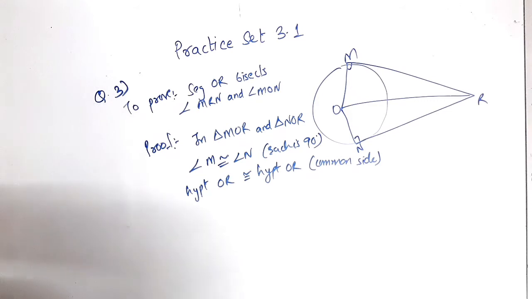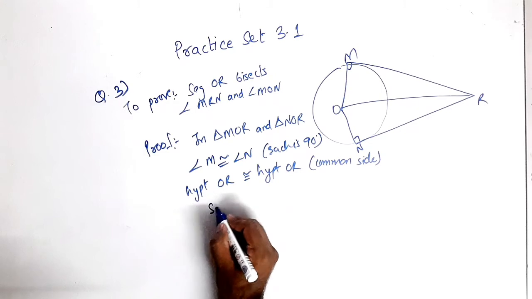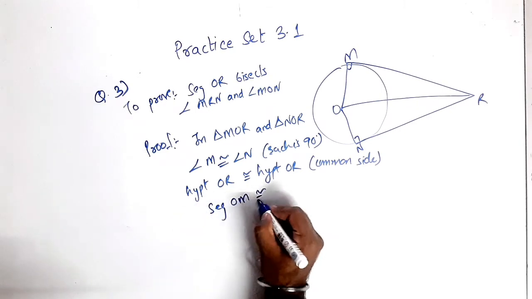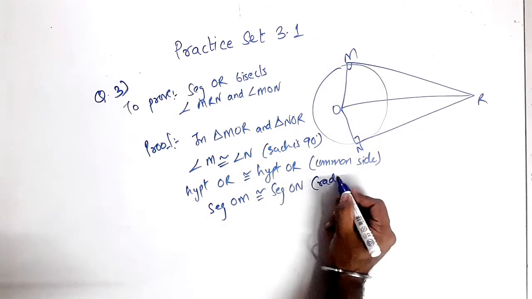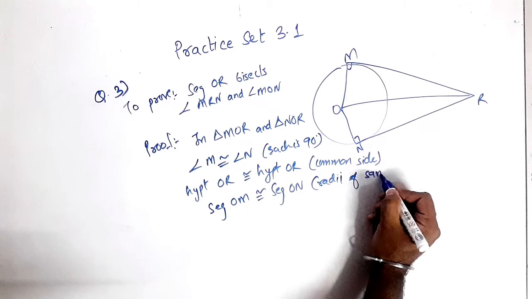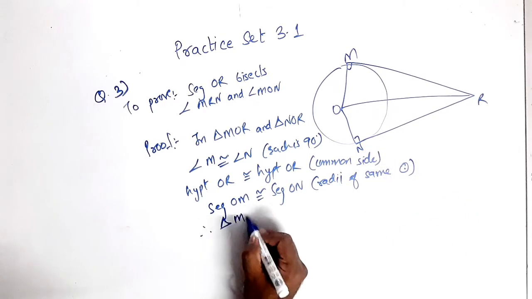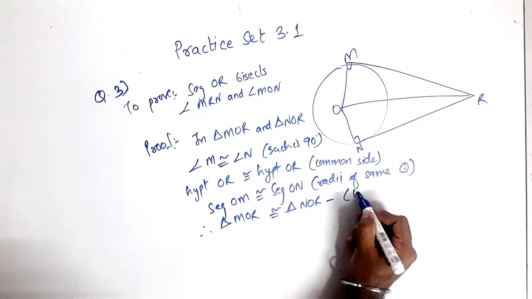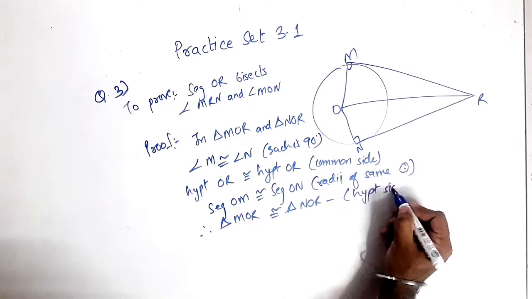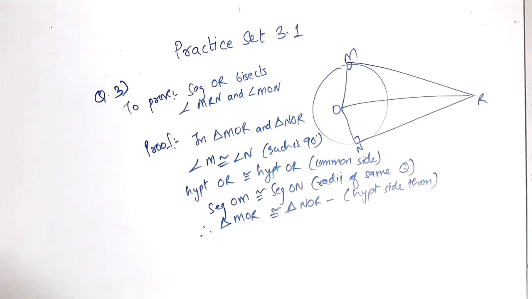And moreover you can see seg OM is congruent to seg ON. Why is OM congruent to ON? They are radii of the same circle. Therefore, triangle MOR is congruent to triangle NOR by hypotenuse side theorem.